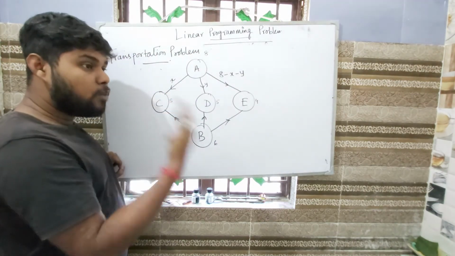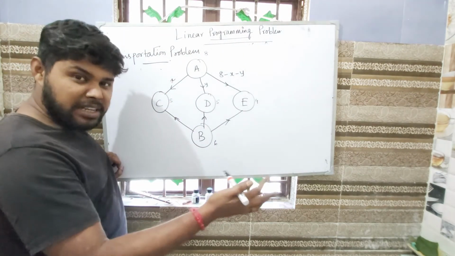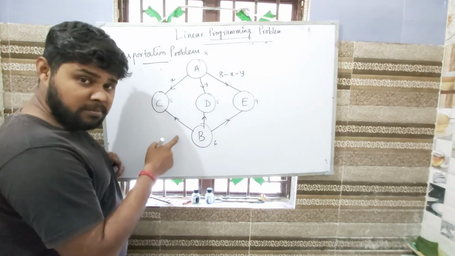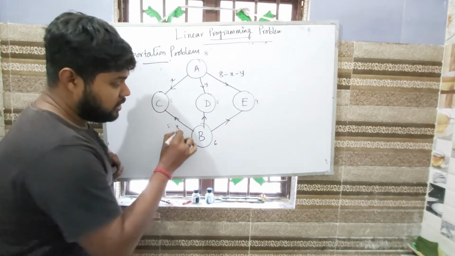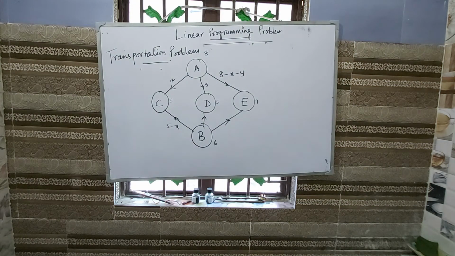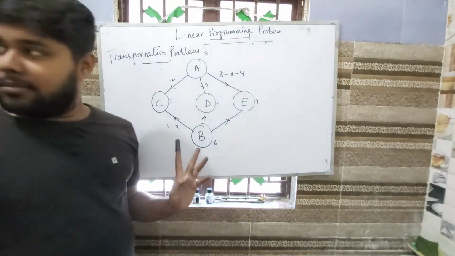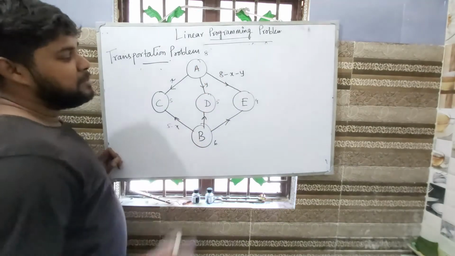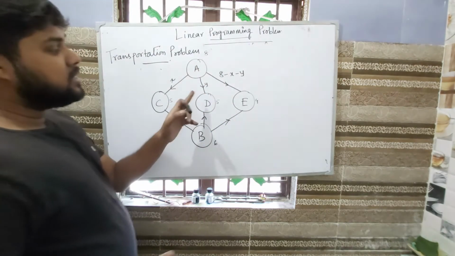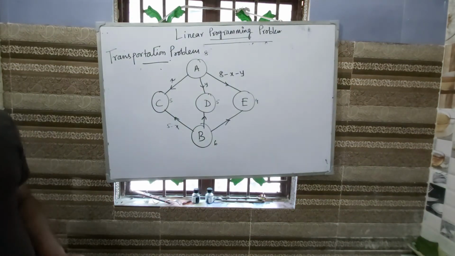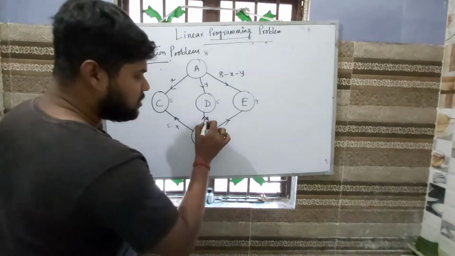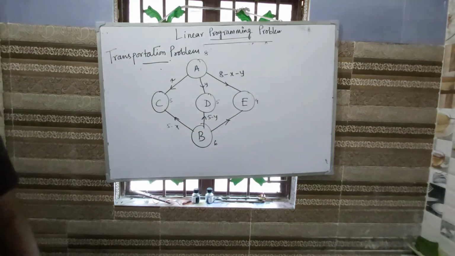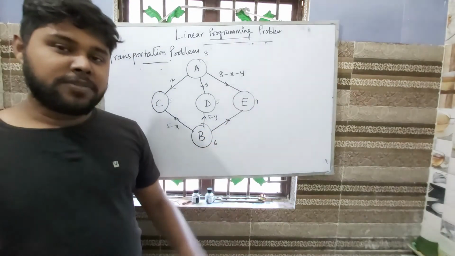X. So how much more does C require? 5 minus X. So that 5 minus X must come from B. Similarly, A has sent Y number of commodities to D. So B must send the rest, so that is 5 minus Y. And similarly, E requires 4.